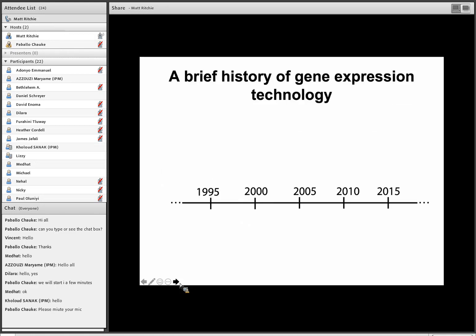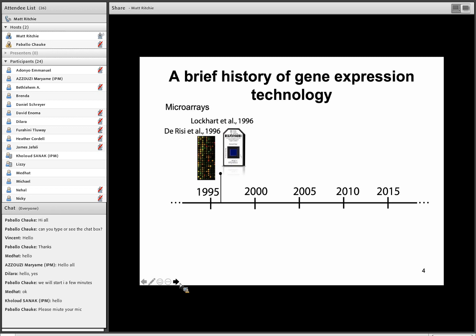So if we go back not so far, about 25 years, people started getting excited about measuring gene expression in a genome-wide fashion. Before that, you'd have to do things a gene at a time, and it was very laborious. But in December 1996, two papers came out, one in Nature Genetics and one in Nature Biotechnology.